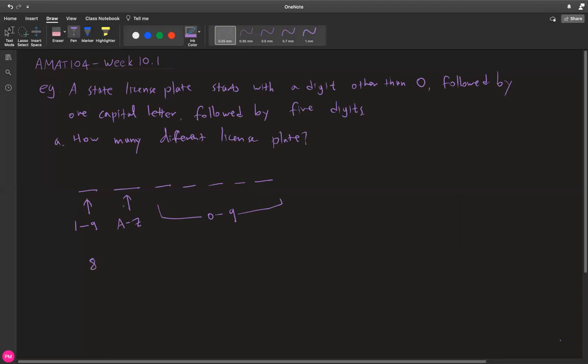And for the second place, there are 26 letters. And for the rest 5 digits, for each digit, we can have 10 different choices.